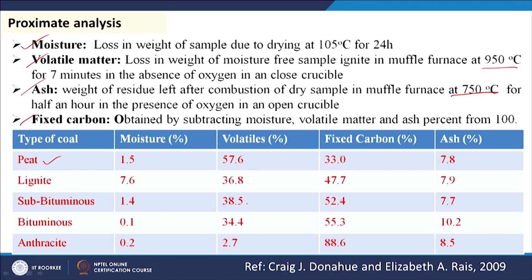Now, we will see the volatiles, fixed carbon, ash and moisture content of some materials like peat, lignite, subbituminous, bituminous and anthracite.